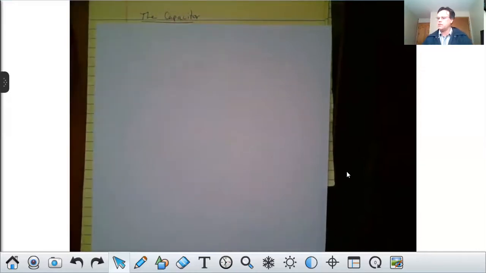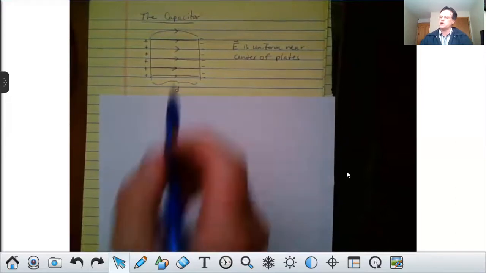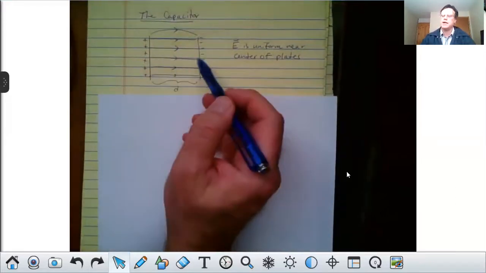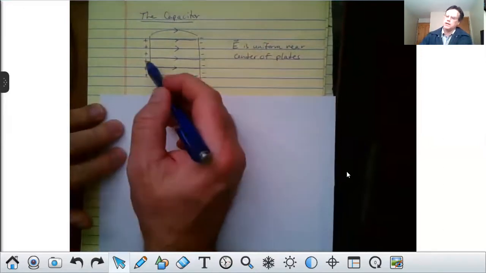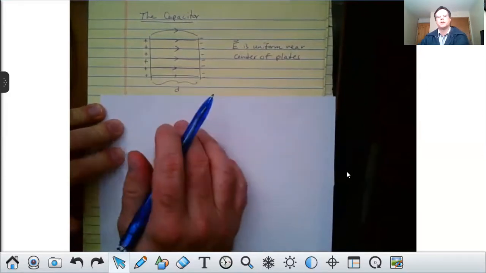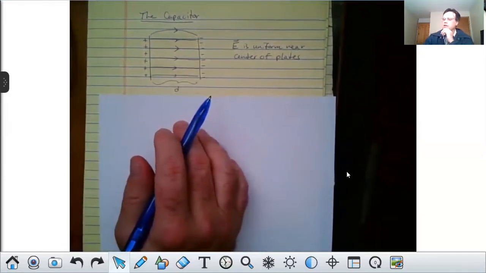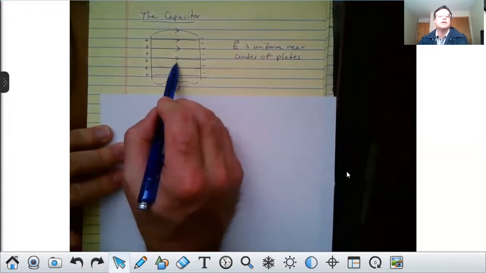What a capacitor is basically just two metal plates separated by a distance d with positive charge on one plate and negative on the other. Typically, the way this is set up is you'll move electrons from one plate to the other, so these have equal charges. But in this situation, the electric field between the plates is what I would call uniform, right? It's basically a constant field.